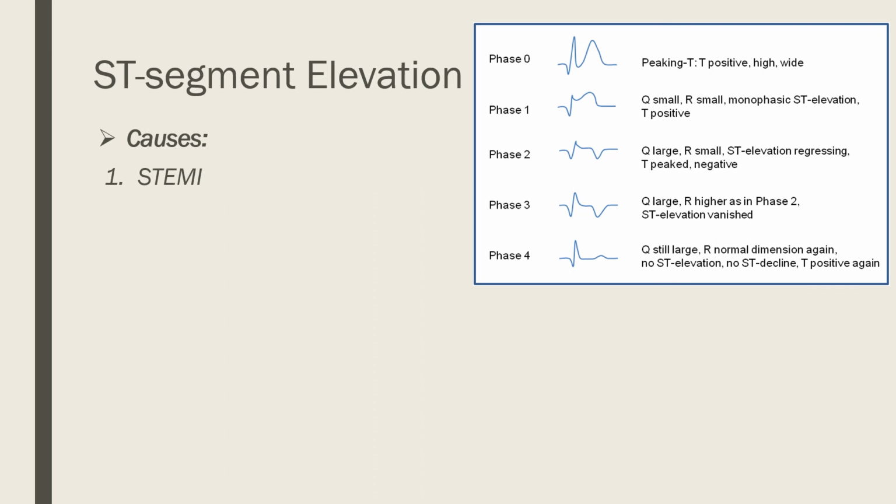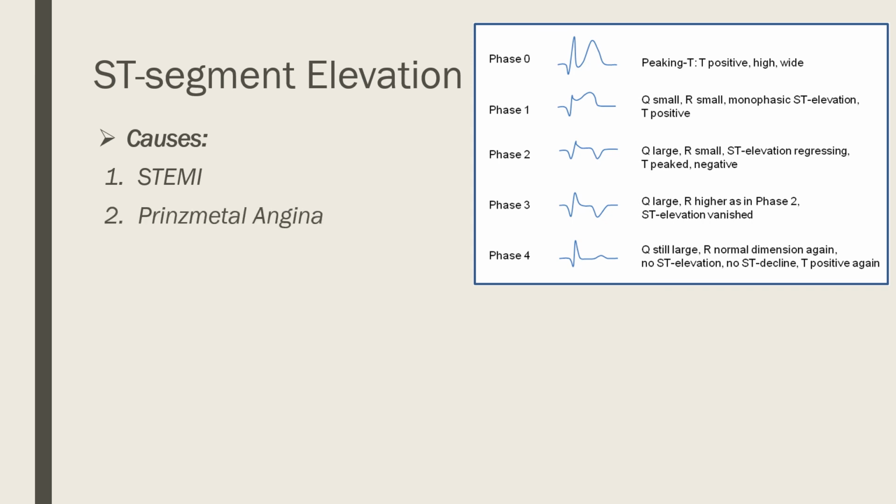Phase 1, the appearance of ST elevation. Phase 2, in addition to the ST elevation, negative T wave with the appearance of Q wave. Phase 3, the regression of ST elevation with large Q wave. Phase 4, the Q wave still present and no ST elevation.